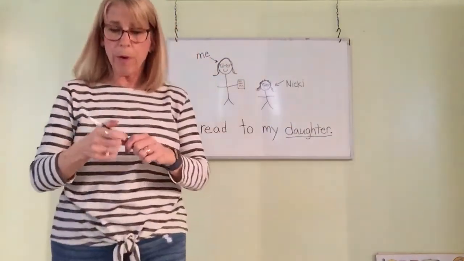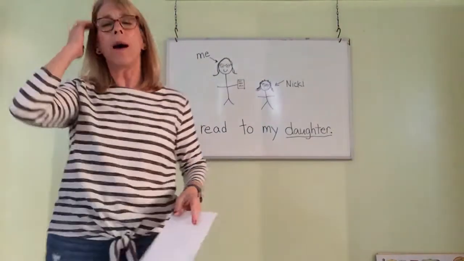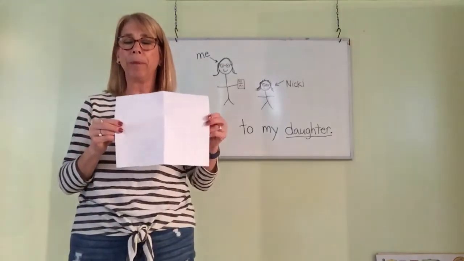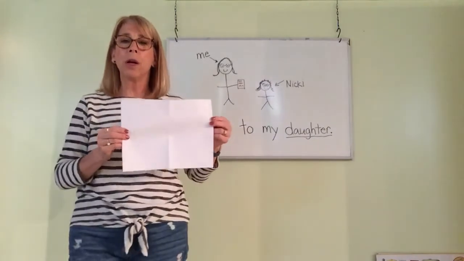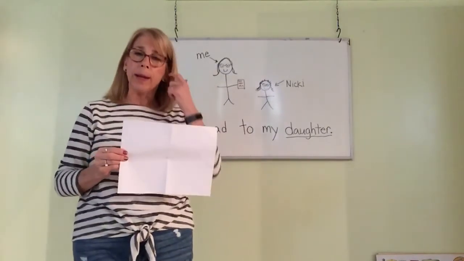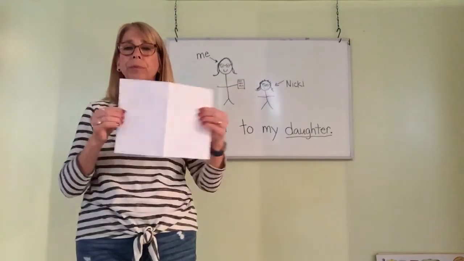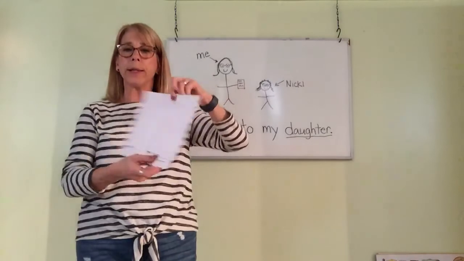So what you're going to do for your writing, you're going to take a piece of paper. Any kind of paper will do. Writing paper, typing paper, any kind of paper that you have at home. I'd like you to fold it in half because you're going to do it twice.